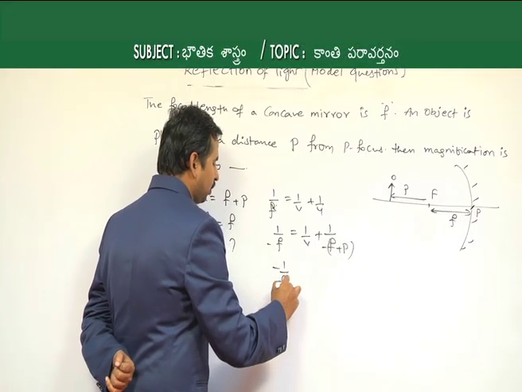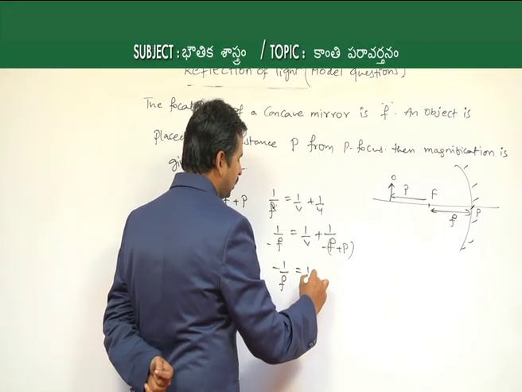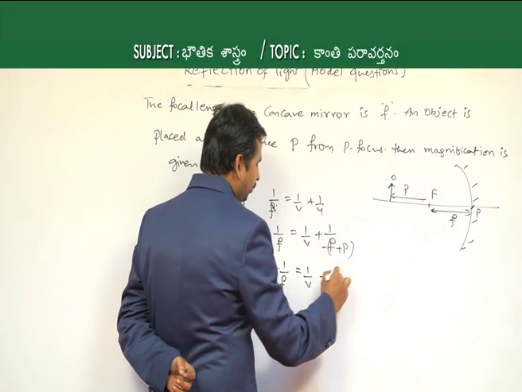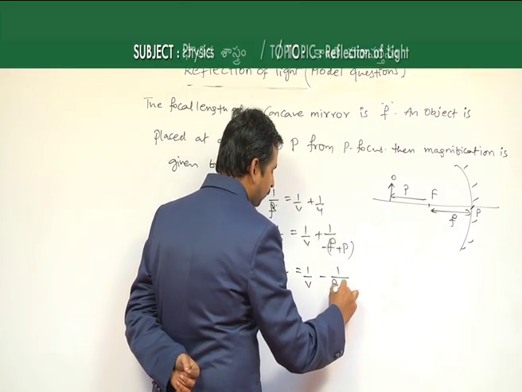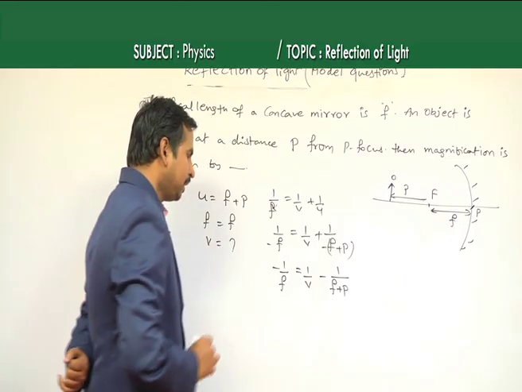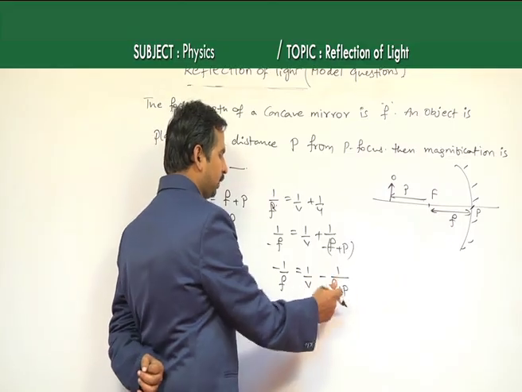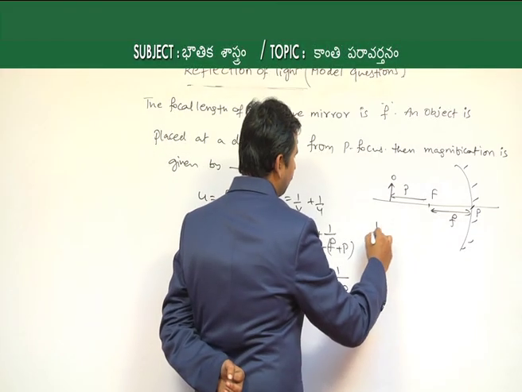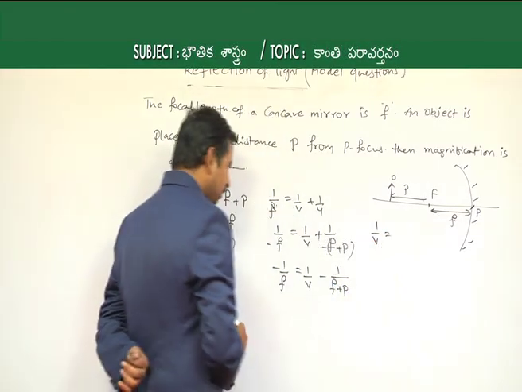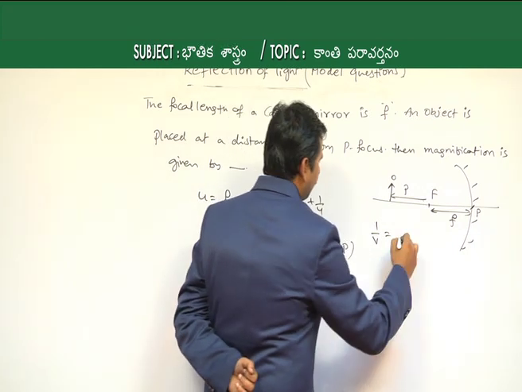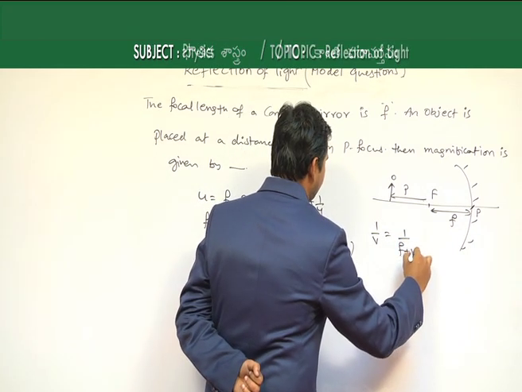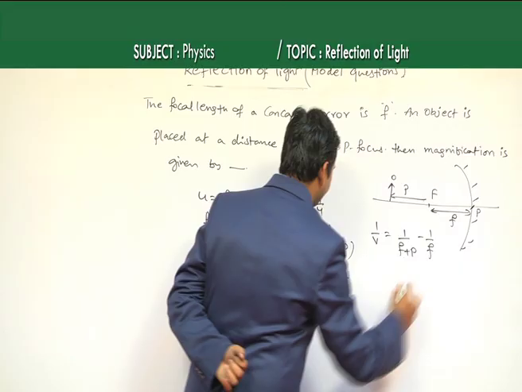Finally it becomes -1/f = 1/v - 1/(f + p). Then we need the 1/v value, so bring 1/(f + p) to the other side: 1/v = 1/(f + p) - 1/f.